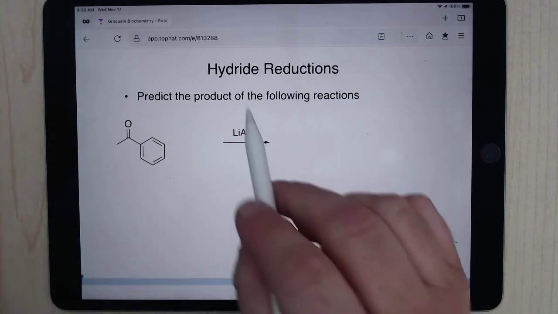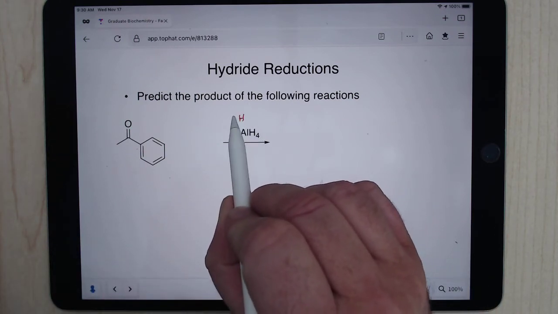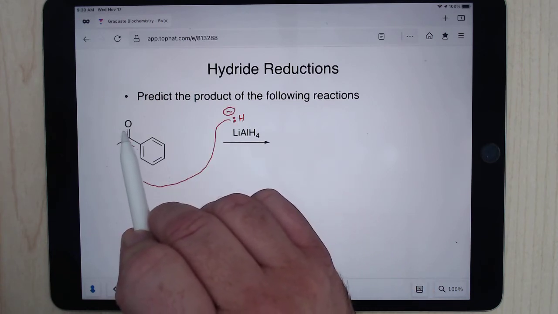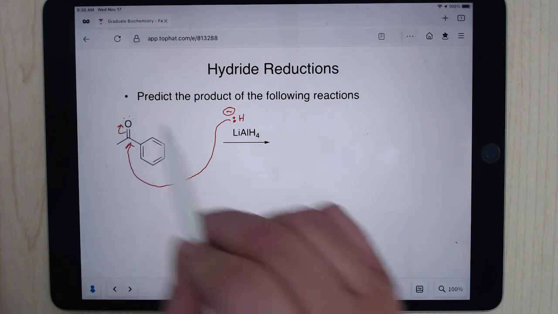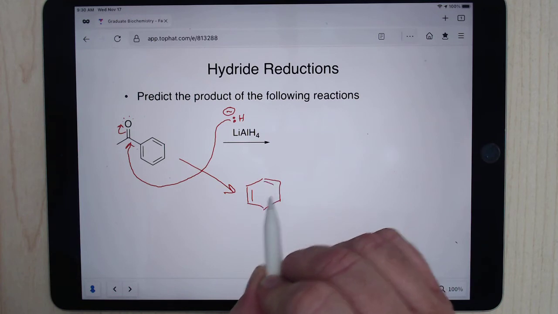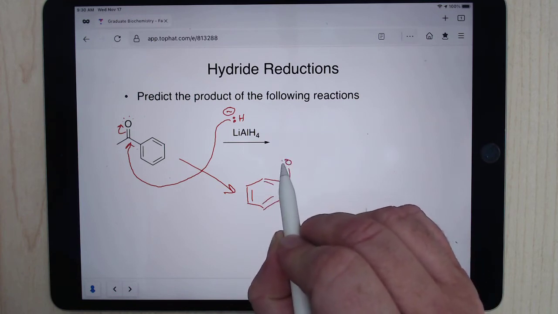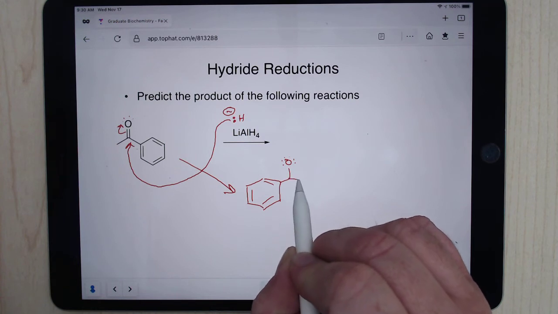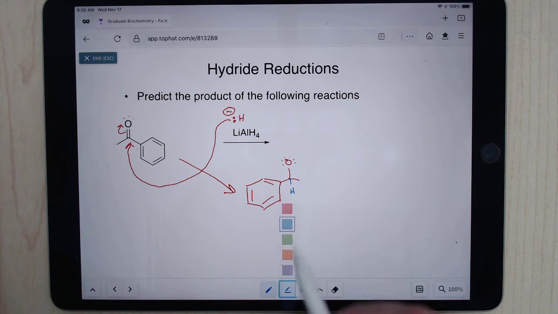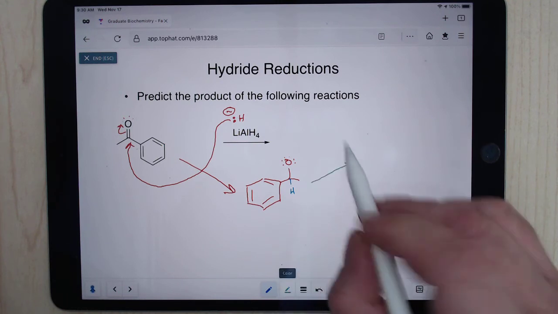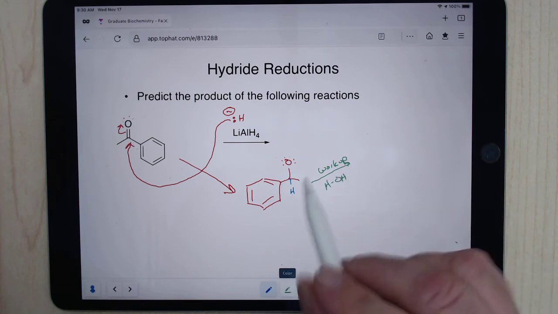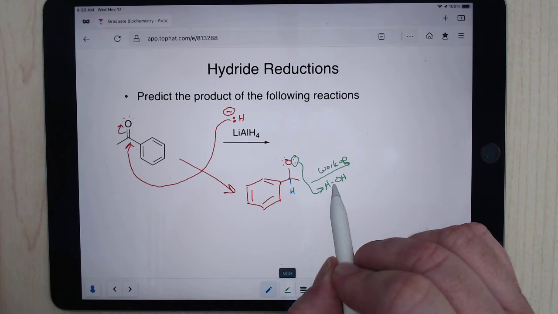So if you're looking at this, LAH is a source of nucleophilic hydride, so that's going to react there, push that up. So you're going to end up with this. And then during the workup, you're going to dump in a little bit of water, and that's going to grab that.